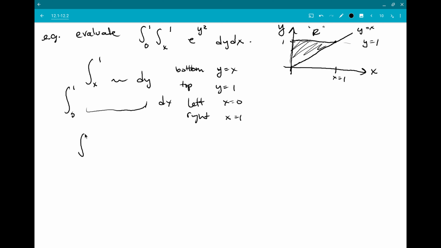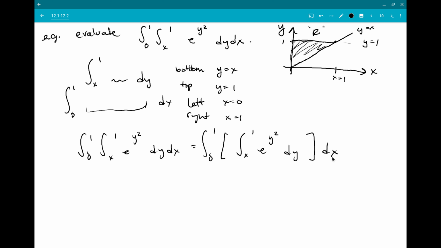Okay, so let's go ahead and try to evaluate our integral. Somebody gave me this problem and I sit down and I say, okay, I remember my directions. I ignore the outside part. I look at the inside part.